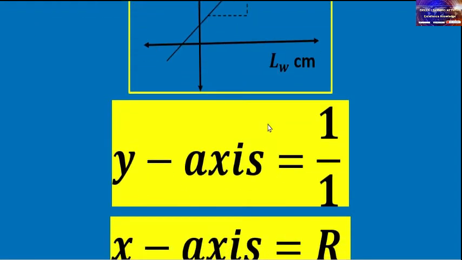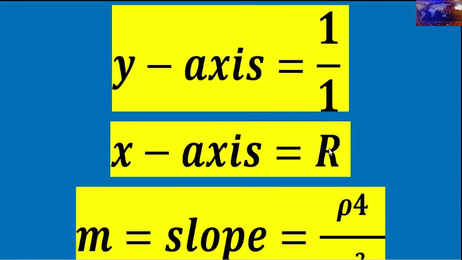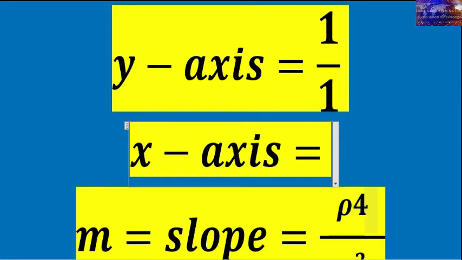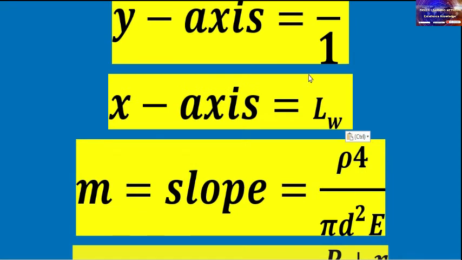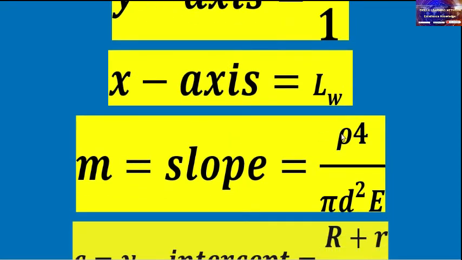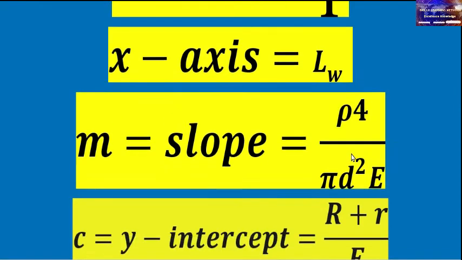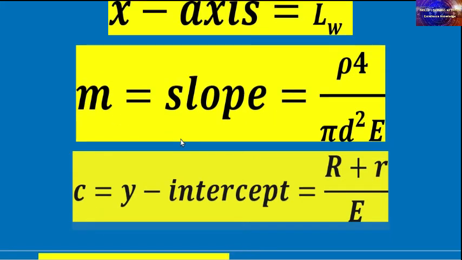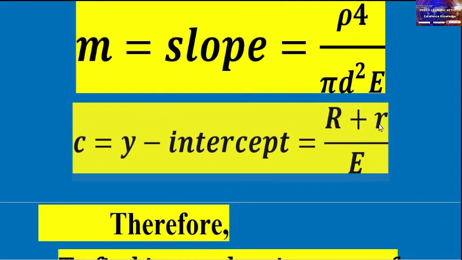Y-axis is 1 over I. X-axis is LW. Slope is equal to resistivity times 4 over pi d square times EMF, and the y-intercept is equal to R plus r over E.